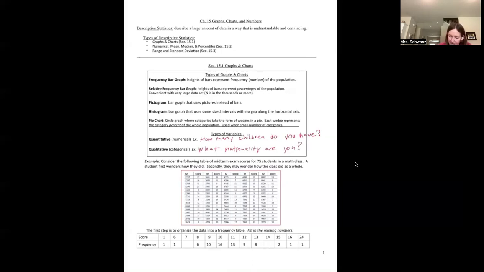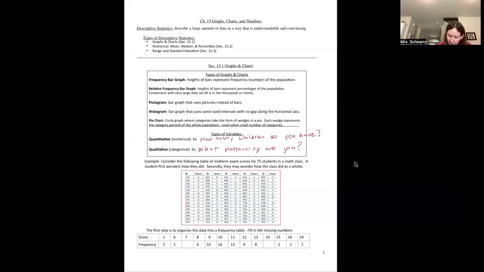All right. Then, okay, let's see this first example. Consider the following table of midterm exam scores of 75 students in a math class. So there must have been 75 students in the class, and they have recorded here all of their exam scores.